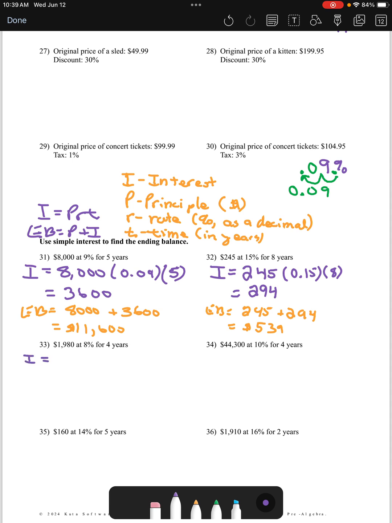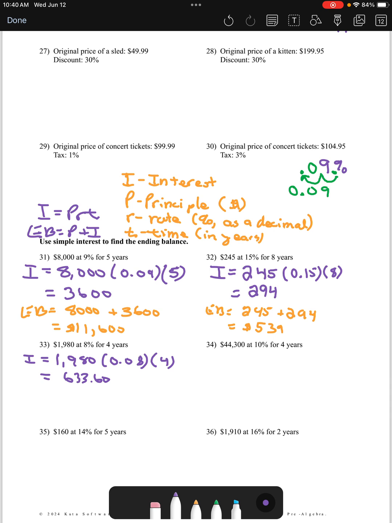And number 33, our interest is equal to our $1,980 times our interest rate of 0.08 for 8% times our time of 4 years. So 1980 times 0.08 times 4 gets me $633.60.